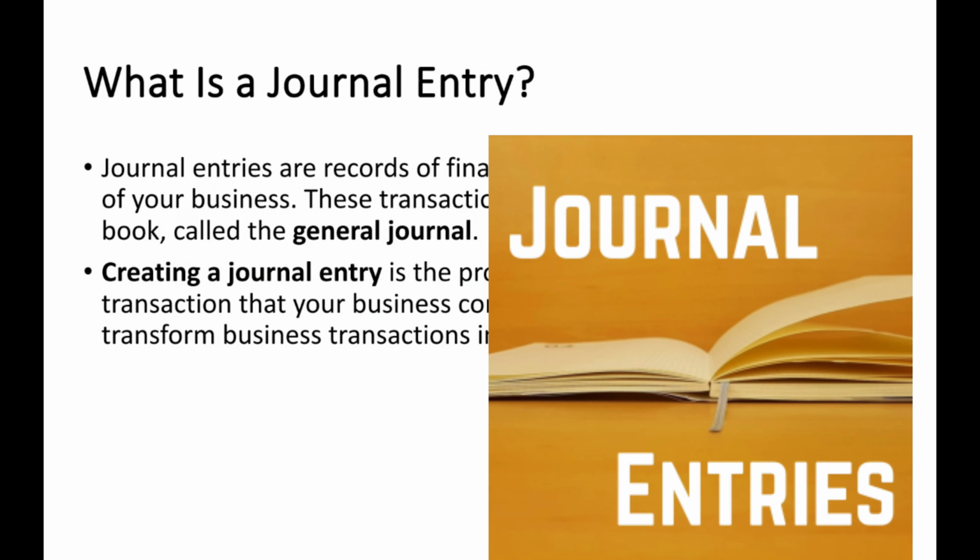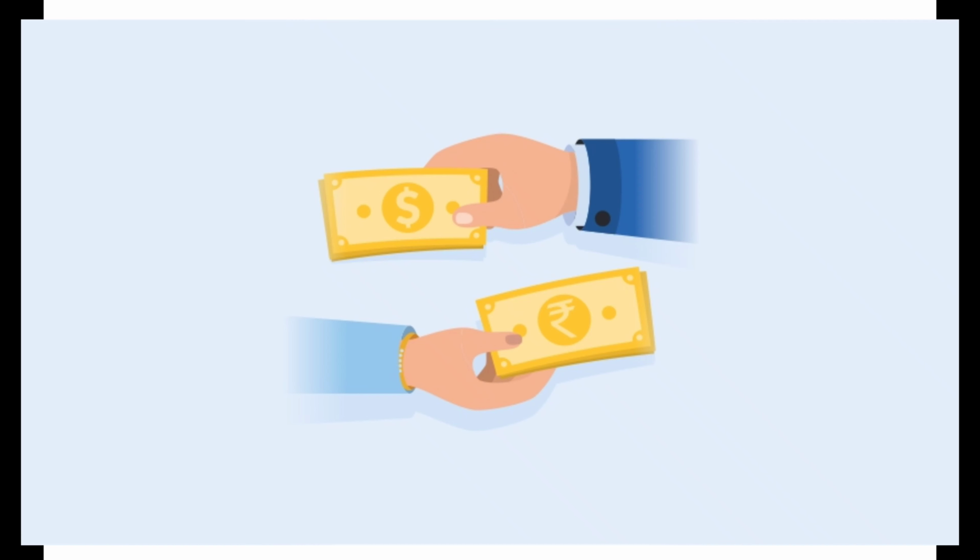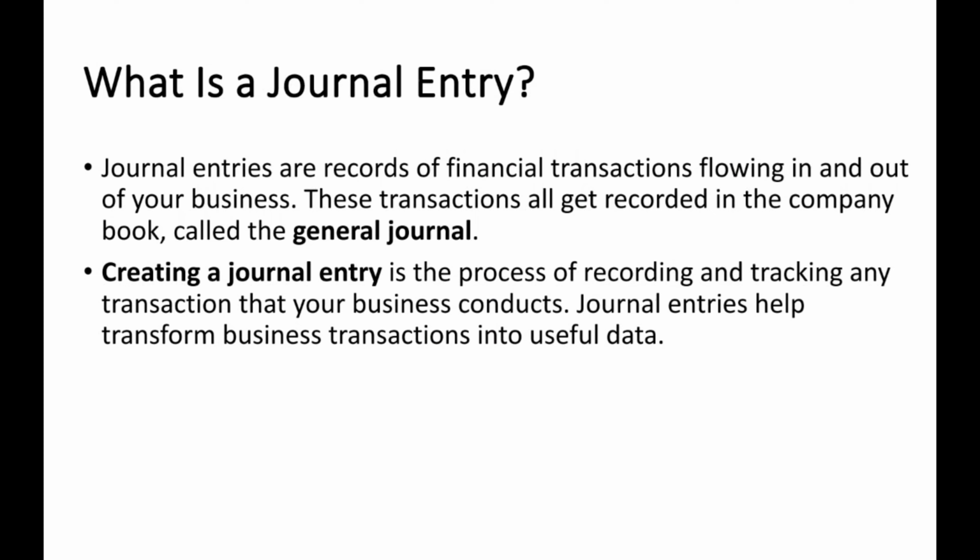First of all, what is a journal entry? Journal entries are records of financial transactions: the inflow of transactions and the outflow of transactions. Journal entries record the financial transactions flowing into the business and flowing out of the business.